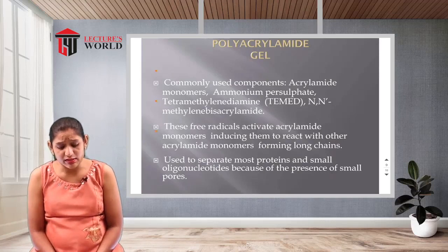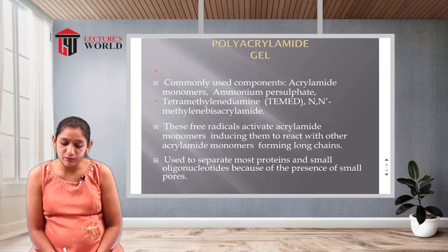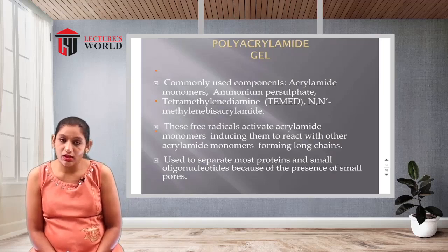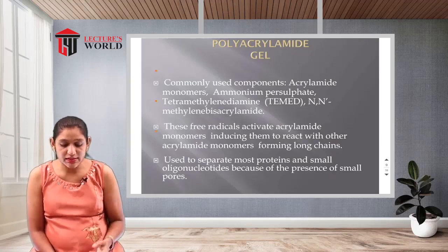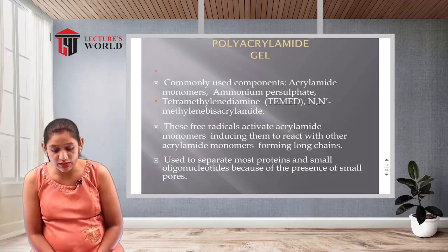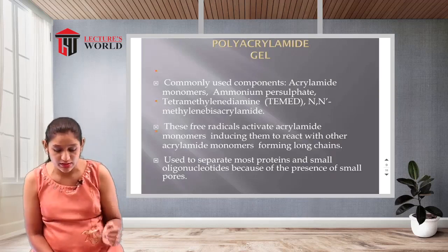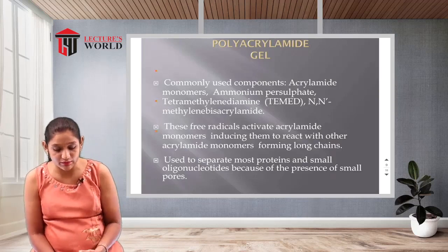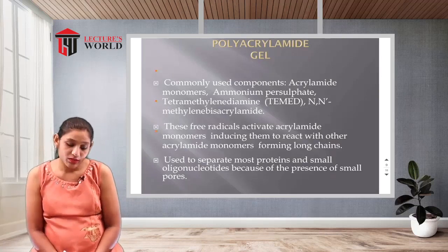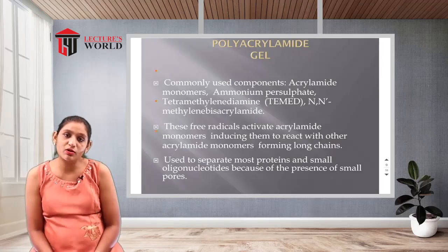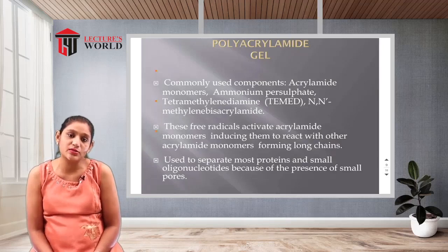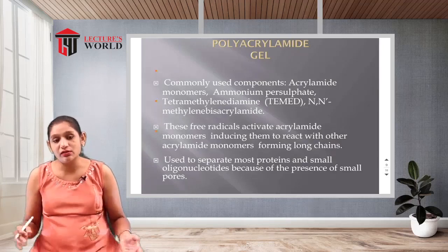These free radicals activate acrylamide monomers, inducing them to react with other acrylamide monomers, forming long chains. Monomers means single units; one monomer attaches to another acrylamide monomer, forming the long chains.